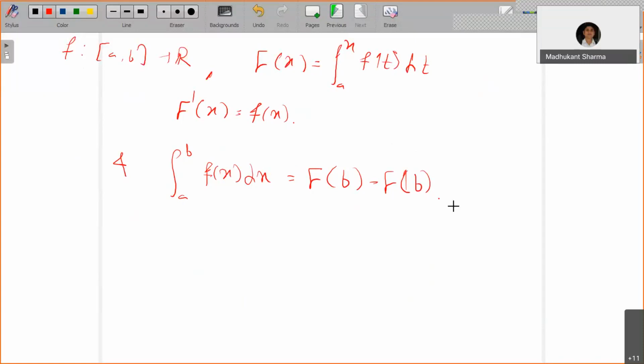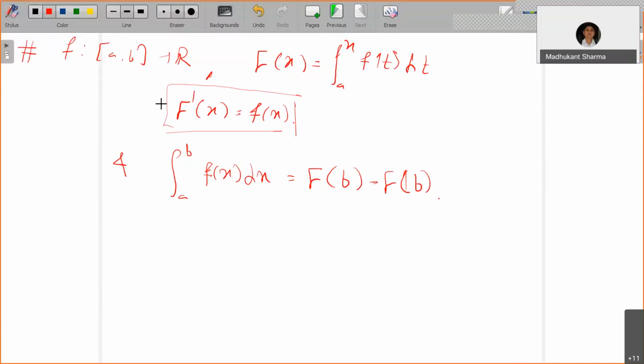Okay, so if you wish to go for this, continuity is necessary for the given function f. If f is continuous, it is Riemann integrable. Every continuous function is Riemann integrable on a closed and bounded interval. Right.